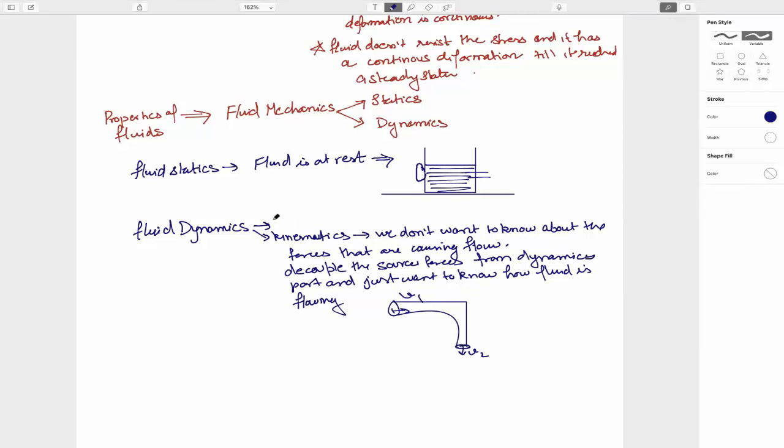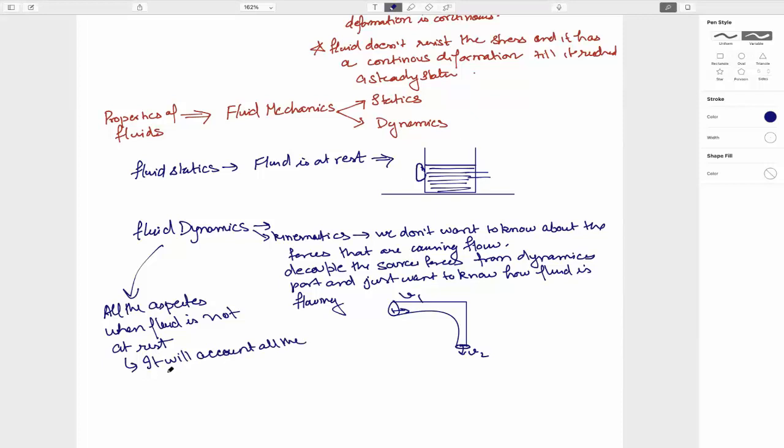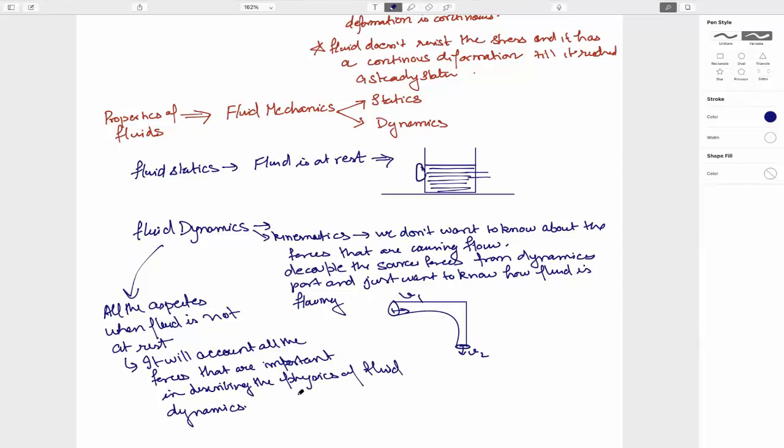Dynamics covers all the aspects when the fluid is not at rest. It accounts for all the forces that are important in describing the physics of fluid dynamics.